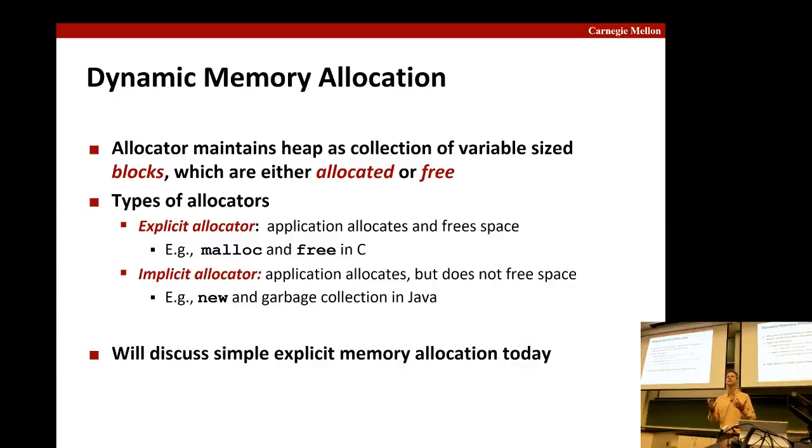They do the allocation by saying new, for instance, invoking a constructor, but there's no freeing in such programs. There's a garbage collector that runs behind the scenes and tries to coalesce the useful data and create free, unused memory that it can then free up for later use. So it's all done for you in those cases. But in this class, and in your malloc assignment, we're going to focus on explicit allocators.